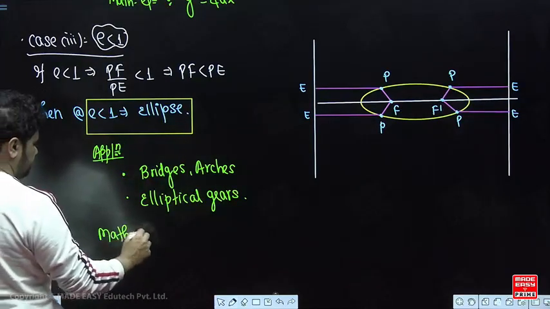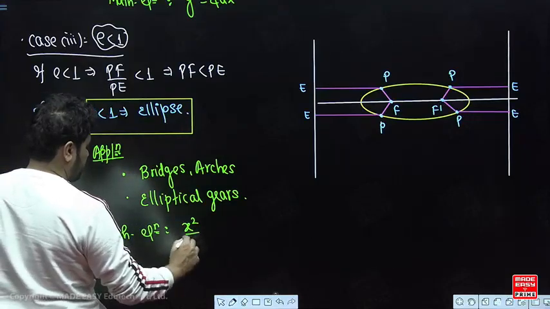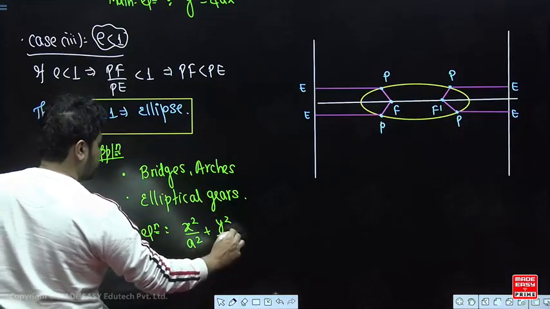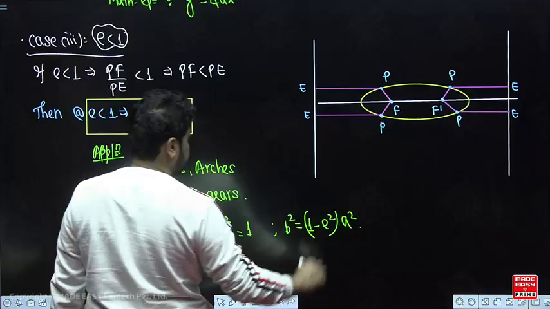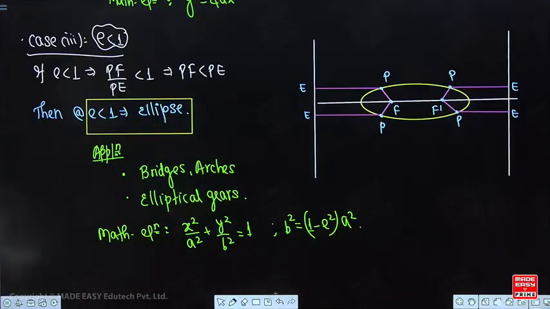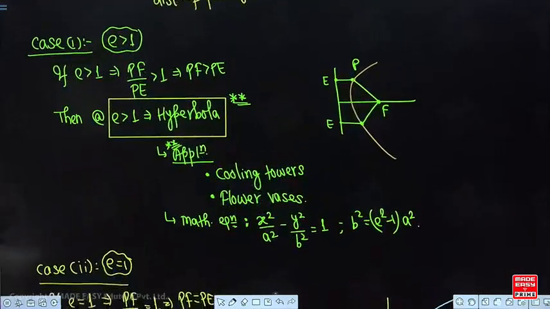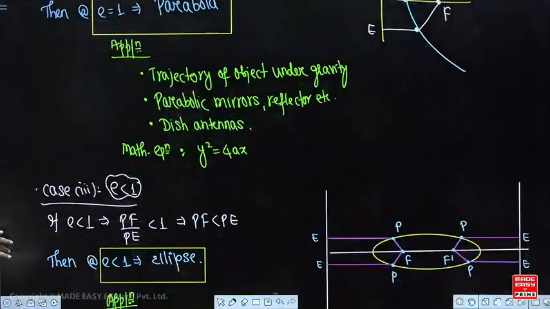Mathematical equation: x square upon a square plus y square upon b square is equal to 1, where b square is equal to 1 minus e square into a square. This is ellipse. Clear?